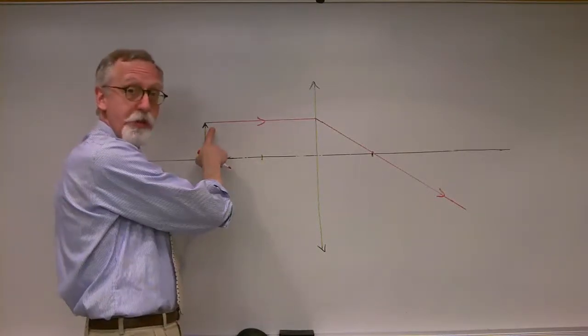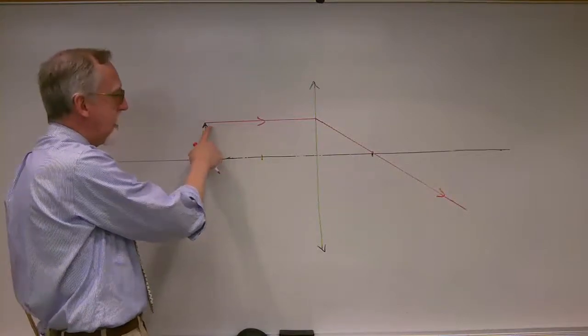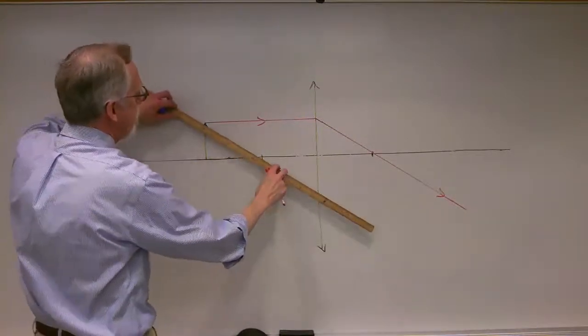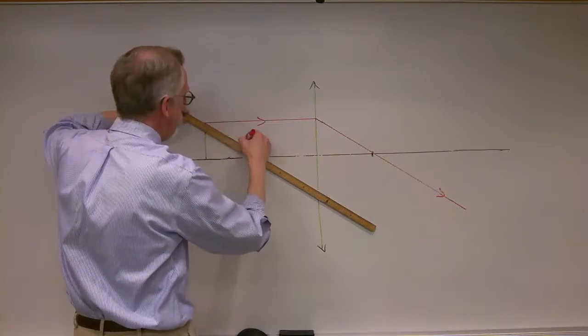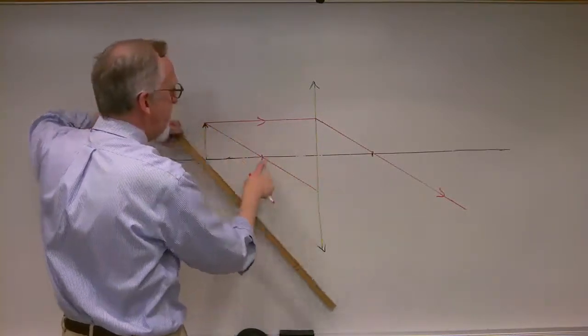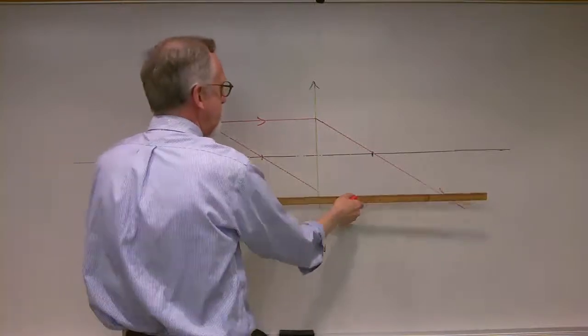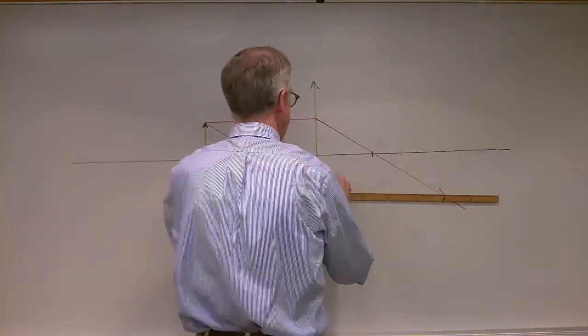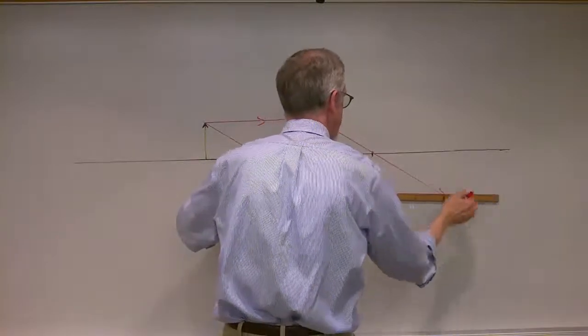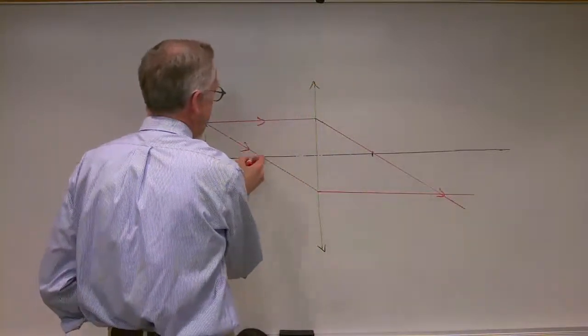We need to draw the light as coming from our object, so we'll go from the object through the focal point. So that ray we know is coming from the focal point. This must come out parallel. So draw that ray then coming out parallel.